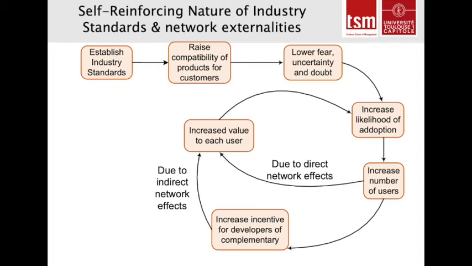On the other hand, if the number of users is increasing, then there is also an increased incentive for developers of the community to develop complementary apps or products, which are called indirect network effects. And if the number of applications or complementary products increases, then the value to each user will also increase due to indirect network effects.